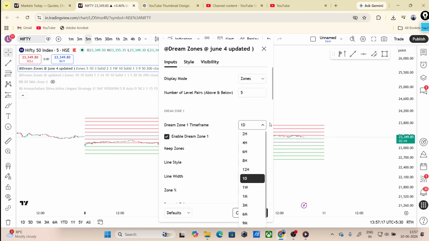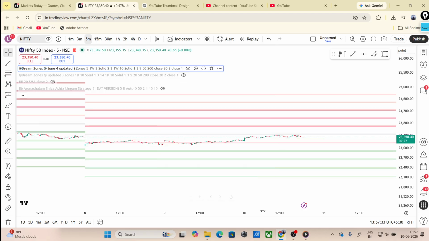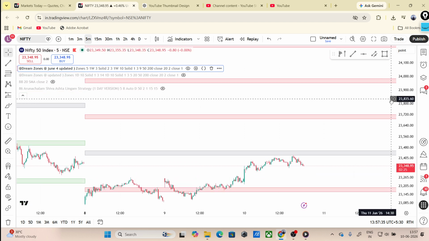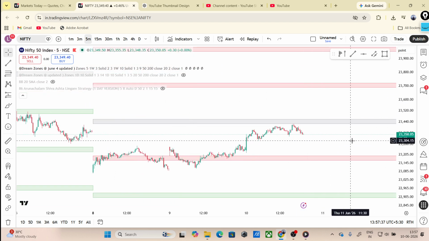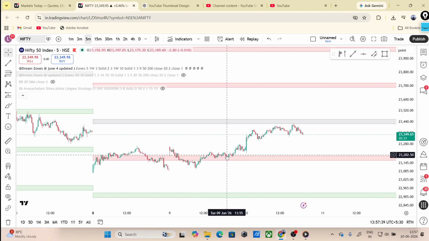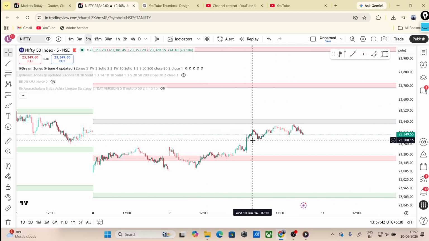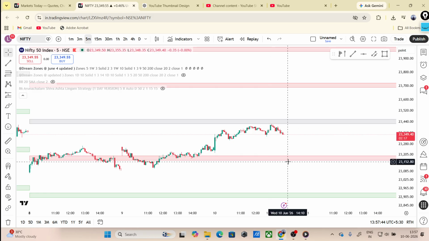In the default setting, I added 2 hour, 3 hour, 4 hour, 6 hour, 8 hour, 12 hour, week, month, 3 months, 6 months, 9 months, and 12 months up to 1 year. These are all the zones. If you click on week zones, it will draw the weekly zones. You can see today's market touching the weekly zone and coming down.